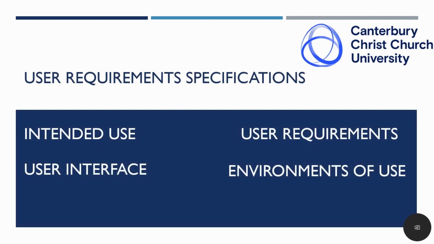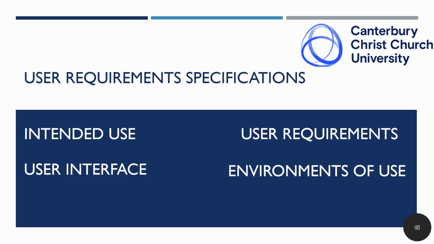This introduces the user requirements specification, which is essential in designing a functional and user-friendly product. It sets the foundation for the upcoming detailed discussions. We will explore 4 key aspects: intended use, user interface, user requirements, and environments of use. Intended use is defining the product's purpose and application, which in this case is the peak flow meter. User interface is ensuring ease of interaction and accessibility.